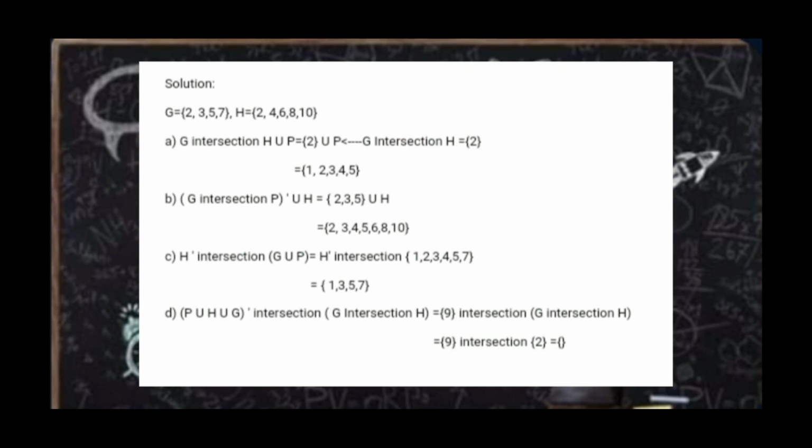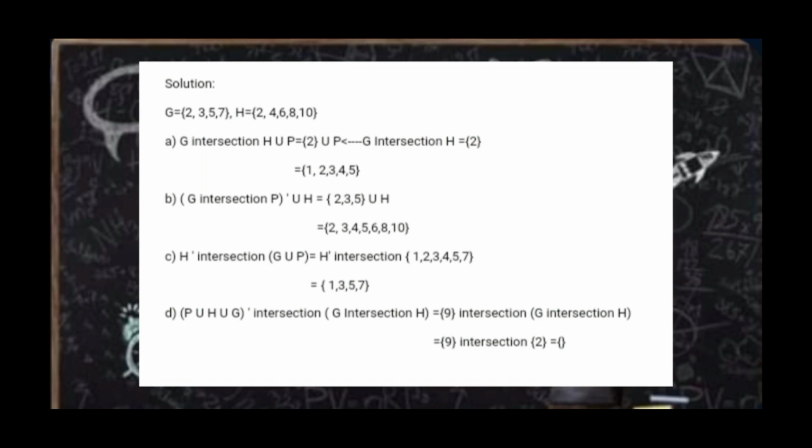B, (G ∩ P)' ∪ H is equal to {2, 3, 5}' union H. The result is {2, 3, 4, 5, 6, 8, 10}.